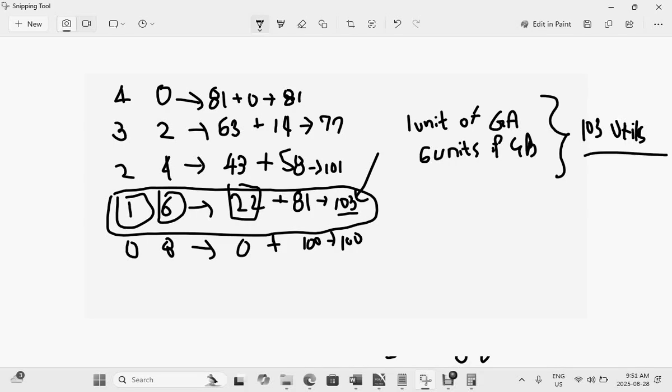And this is the maximum utility you can get out of this table of values, which means this is the maximum utility that you can get when you choose a combination of good A and good B.